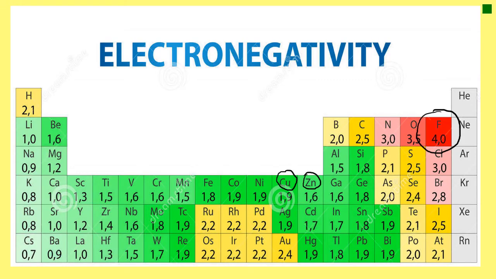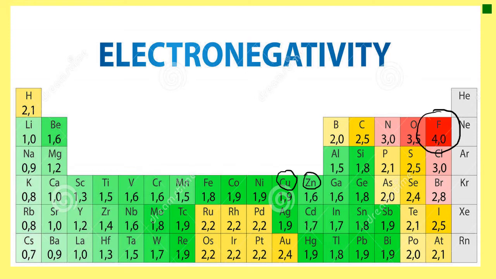Firstly, let's just consider the concept of electronegativity, which you may remember is the amount that an atom wants to attract an electron. And what we've got here is a periodic table with the numbers in there. Instead of the atomic numbers and the mass numbers, we've got electronegativity numbers. These are numbers generated by a chemist called Pauling.